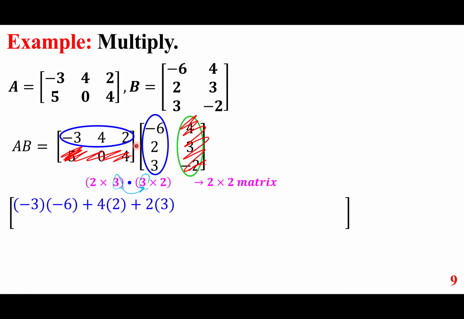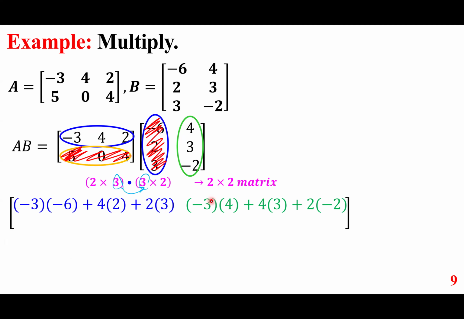Now we are going to multiply by that one, meaning let's do this. This one doesn't exist. Multiply this to -3 times 4 plus 4 times 3 plus 2 times -2, and it goes here. And let's say this doesn't really exist. We would be done.